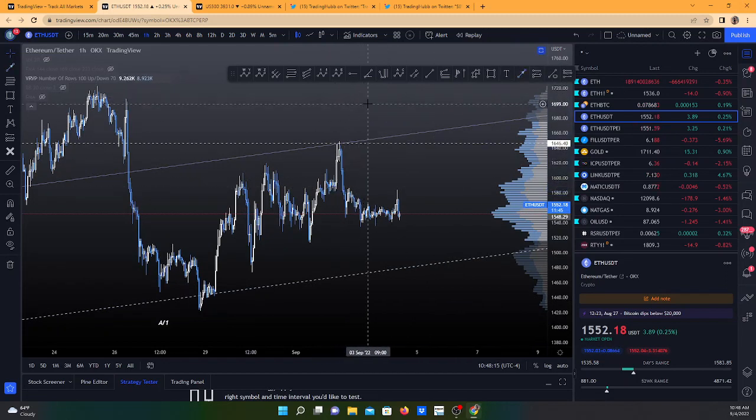I think this did have a good possibility to be a triangle, but you guys got to realize charts do not operate in a vacuum. There is external factors, especially right now when there's so much correlation between the indexes like the NASDAQ and the S&P and crypto.